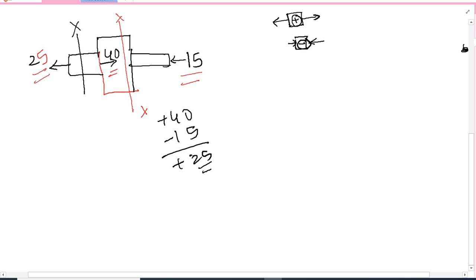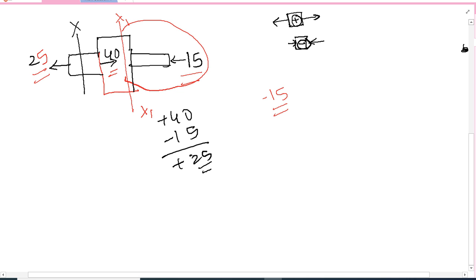So I can go from the right hand side and directly say that the load at this section XX is minus 15. This is the simple technique we should use for finding the load at any section. It is nothing but the algebraic sum of all the forces transmitted up to that section from either side. Whichever side you feel is easier, go from that side up to that section.